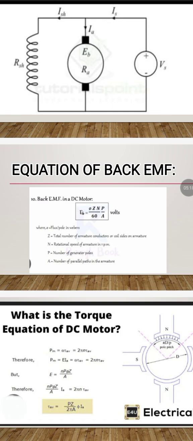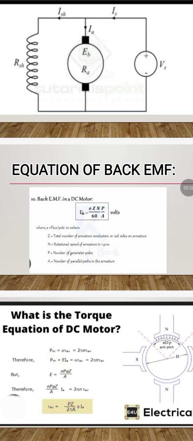Name this as equation 1, where V IA is the electrical power to the armature, EB IA is the mechanical power developed in the armature, and IA square RA is the armature copper loss.